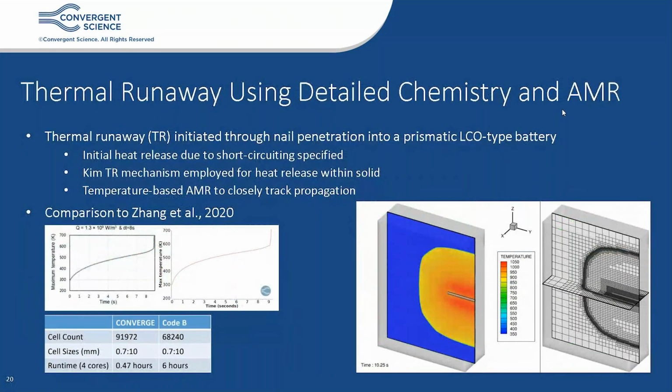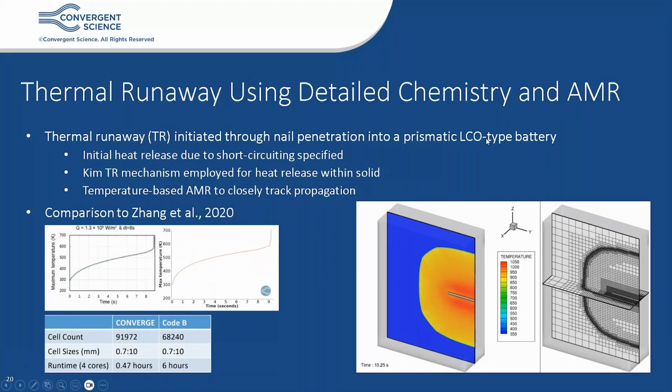Now we switch our attention to the more complex problem of battery thermal runaway that we solve using the SAGE detailed chemistry solver, and we solve it in 3D to get more accurate results. To employ the SAGE detailed chemistry solver for battery thermal runaway, we make use of established thermal runaway mechanisms that evaluate for reaction rates and heat release rates within the solid.